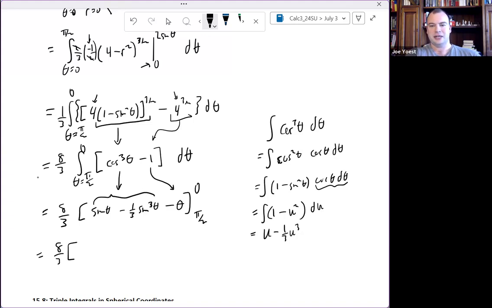So at 0, I get all of the sine of 0 is 0 and theta is 0, and then minus this thing evaluated at pi over 2. So sine of pi over 2 is 1 minus 1/3, and then minus pi over 2. Or this is 8/3 times pi over 2 minus 2/3. Yeah.